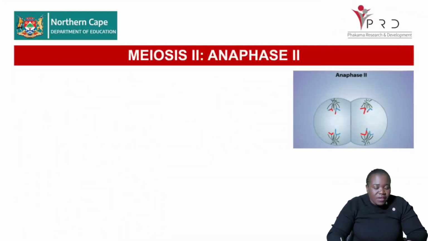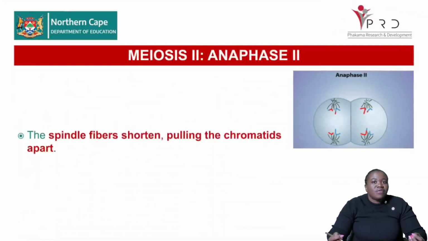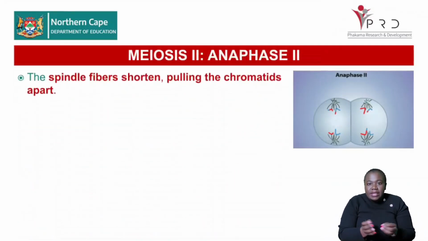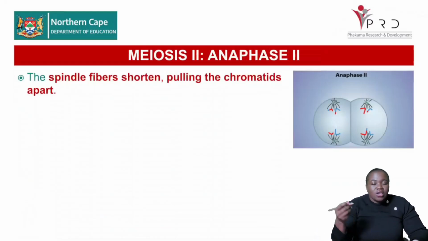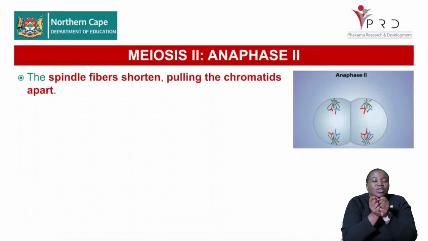And then anaphase, we know during anaphase we focus on the separation of the chromosomes from each other by the shortening of the spindle fibers. As the spindle fibers shorten, they're going to pull the chromatids of each chromosome apart from each other.